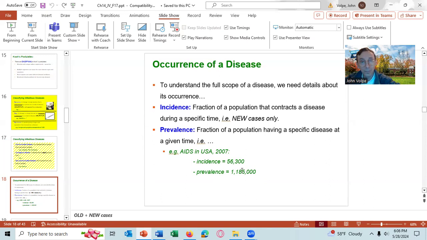So with some diseases, we may switch to start talking about the incidence. Like I said, with flu, very common diseases, we usually only talk about the incidence. All right, any question about any of this?